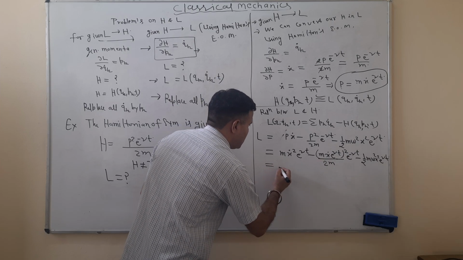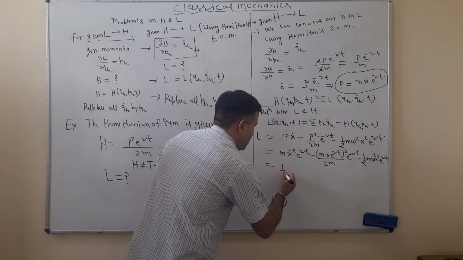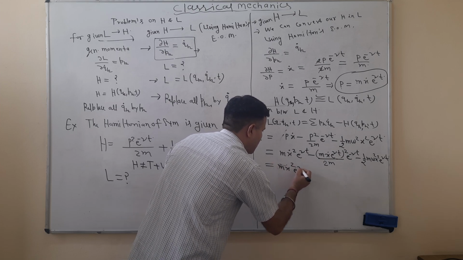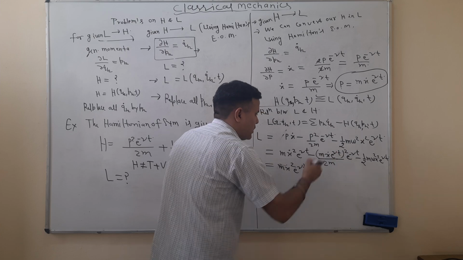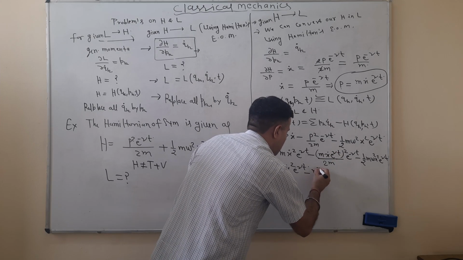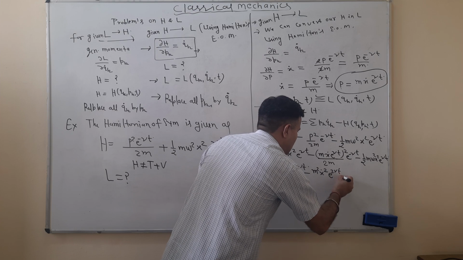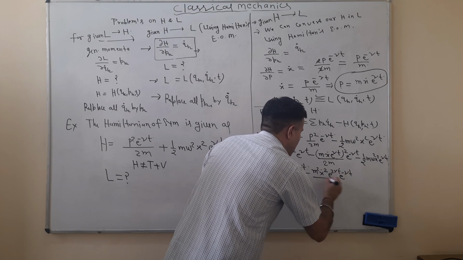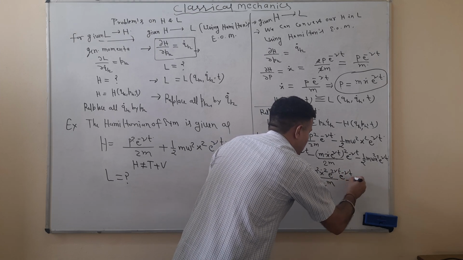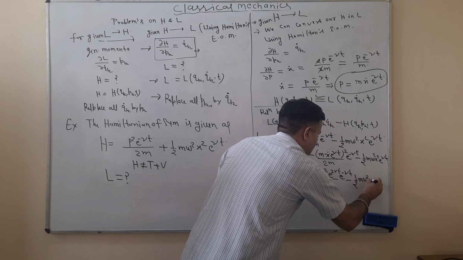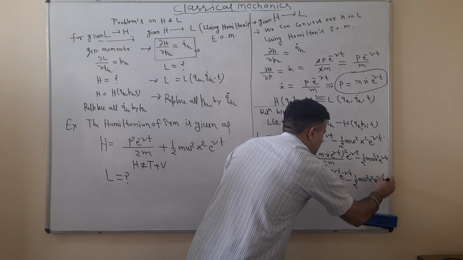So what we have? Simply mẋ square e to the power νt, minus m square ẋ square e to the power 2νt, e to the power minus νt, divided by 2m, minus 1 by 2 m ω square x square e to the power νt.